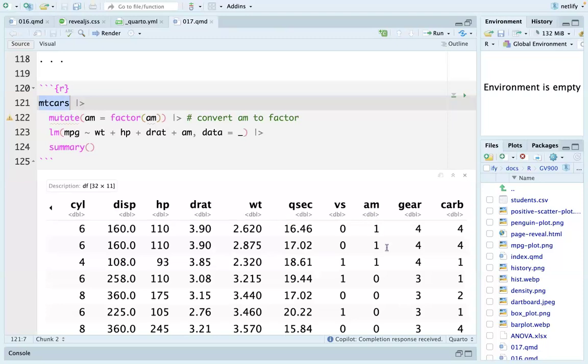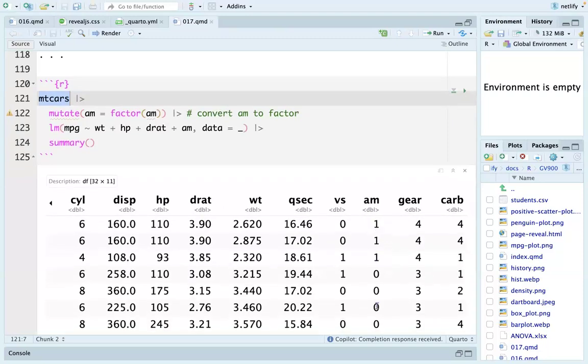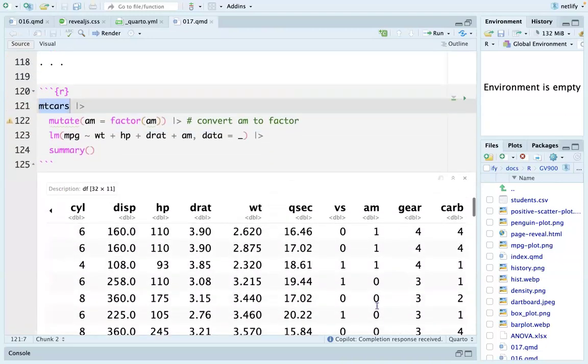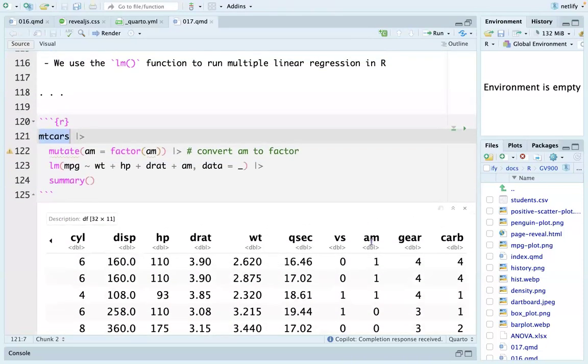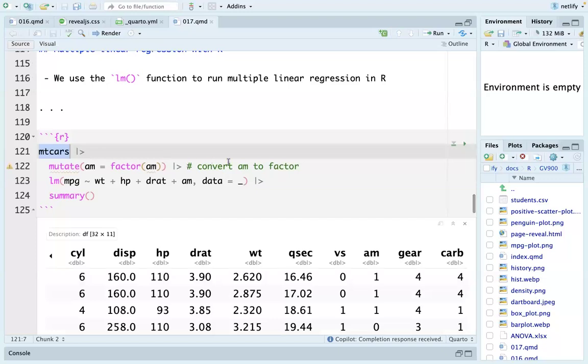So am, although it's a number, actually means automatic or manual. It's two types of transmission model, so we convert it to a factor.